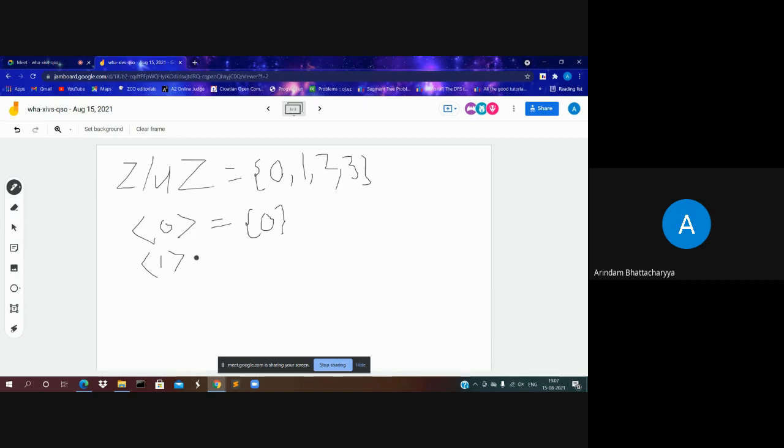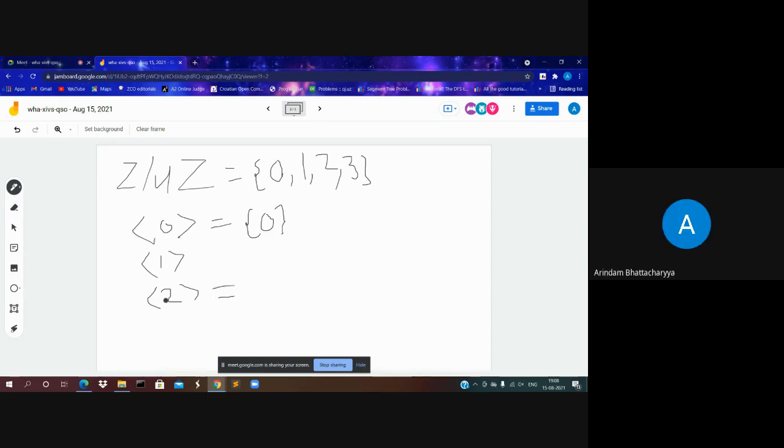What about 2? This group is defined on addition. Multiplication is not a group. For multiplication to be a group, you would have to remove 0 and 2.